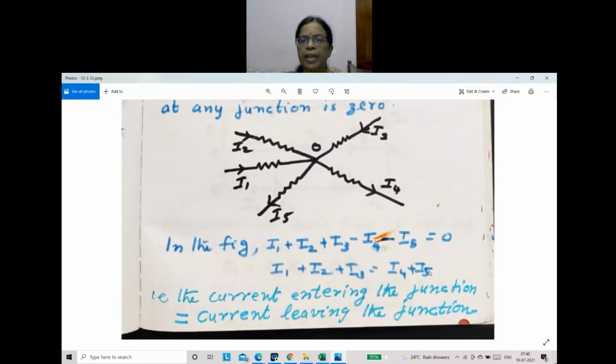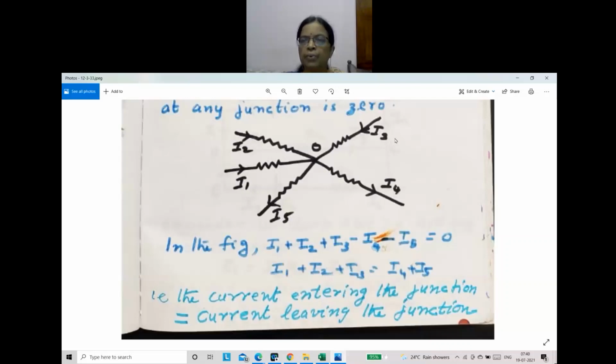That means whatever current comes towards the junction leaves the junction. These three currents, I1, I2, I3, are coming towards the junction, and they flow away through I4 and I5, whose sum equals I1 plus I2 plus I3.